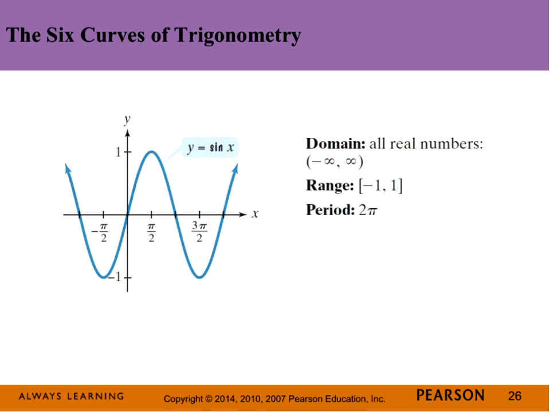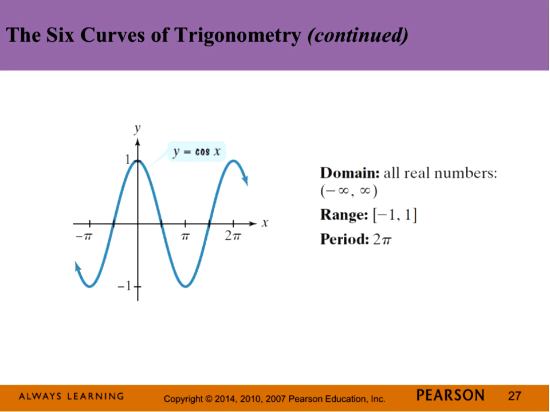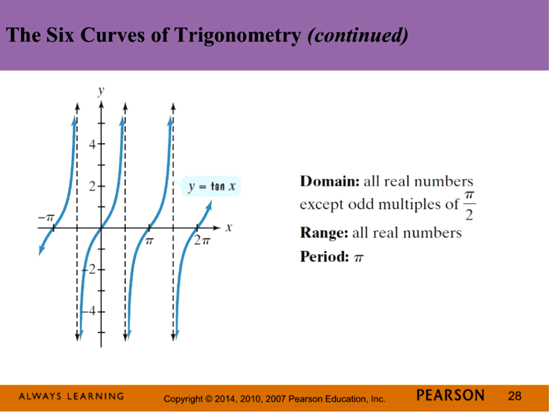So you can know that you're looking at the sine function here because it goes through the origin. There's the cosine function coasting down. You have your information on domain, range, and the period.